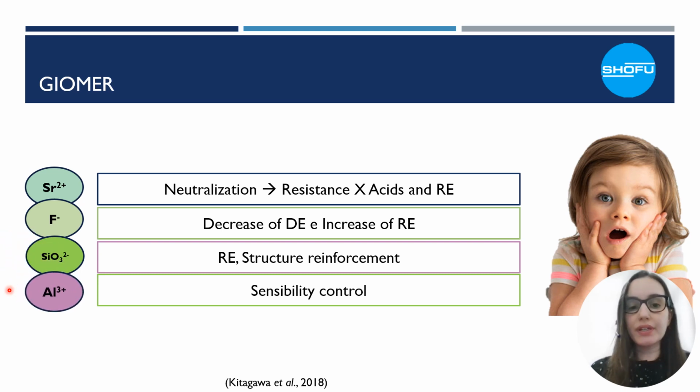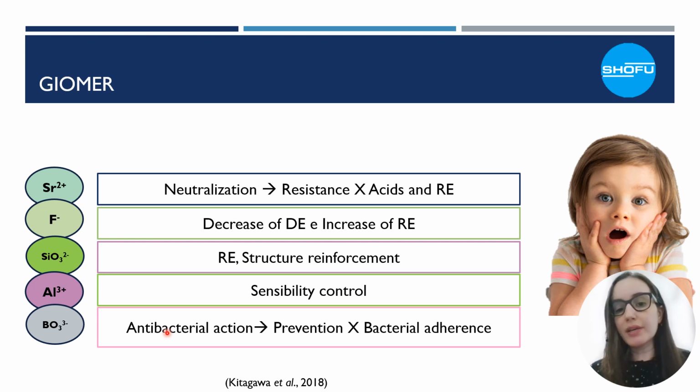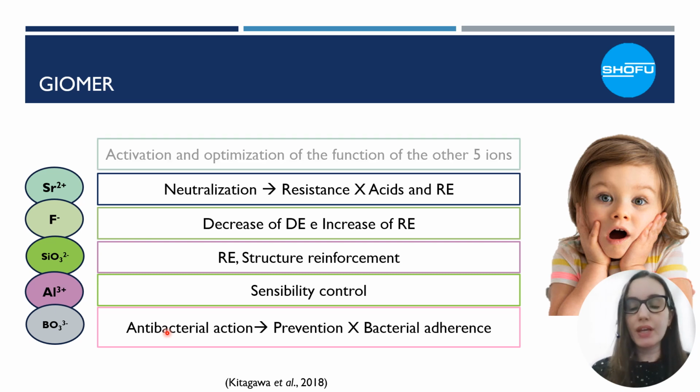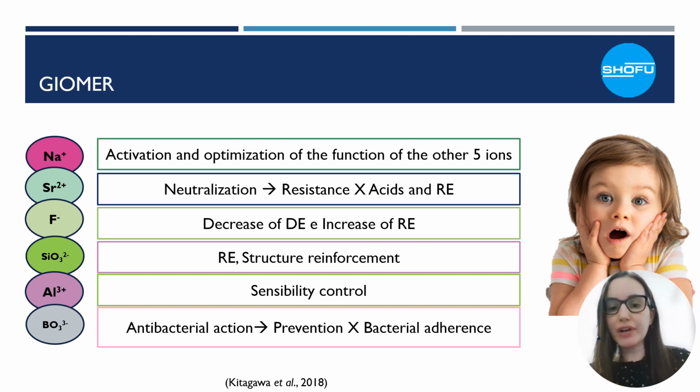Aluminum will work on sensibility control. And boron will have an antibacterial action, preventing bacterial adherence. And as we saw, sodium will activate and optimize the function of these other five ions and also attract those five ions to the oral cavity.